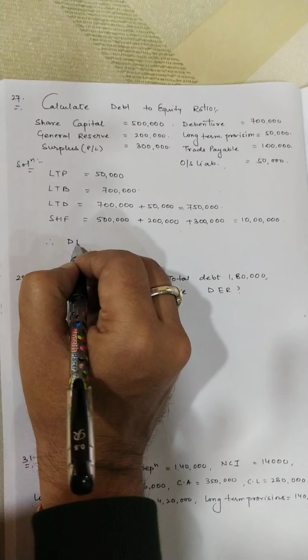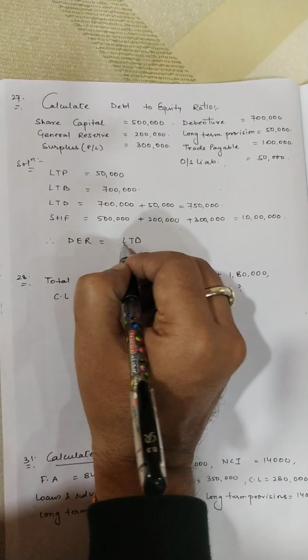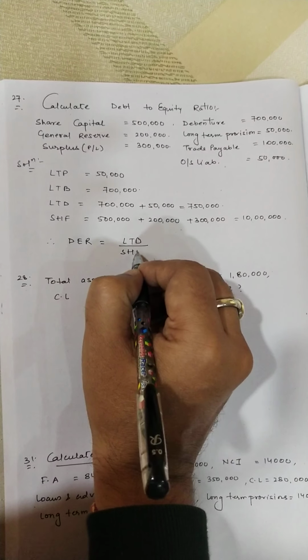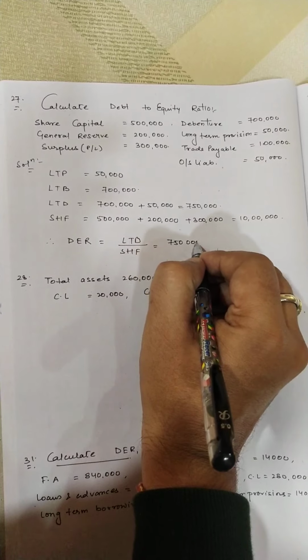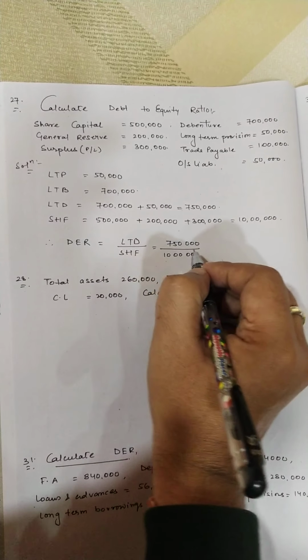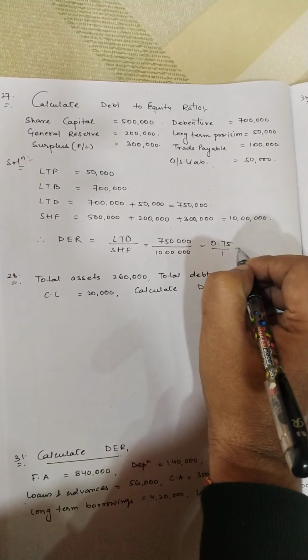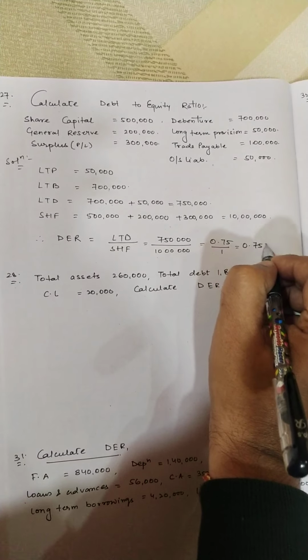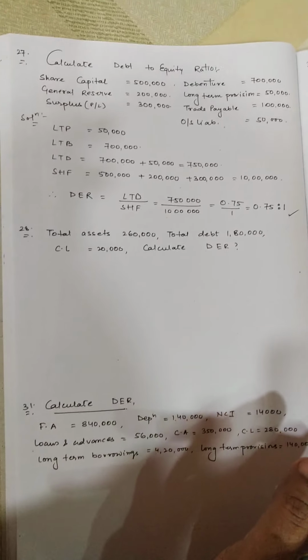Therefore, the debt to equity ratio, that is DER, will be long-term debt by shareholder fund, that is 7 lakh 50,000 by 10 lakh, which equals 0.75 by 1, that is 0.75 is to 1. This one is question number 27.